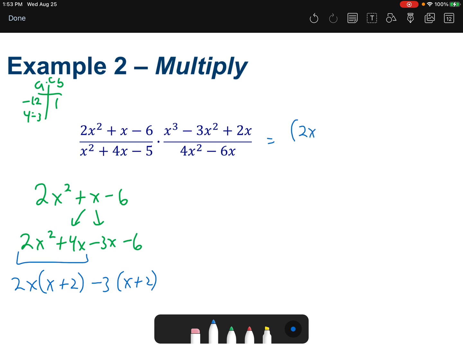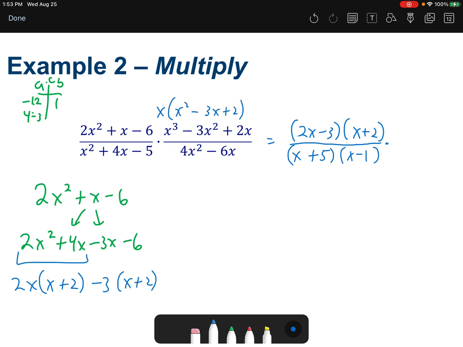So the numerator of the first fraction would be 2x minus 3 times x plus 2 over, I believe the bottom would be double bubble. What is it, x plus 5, x minus 1, times, now this numerator, we can take out an x and we're left with that.